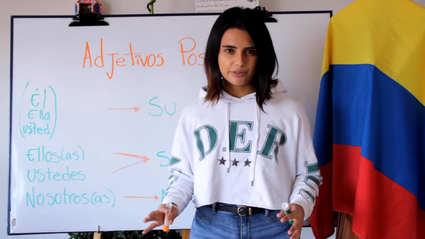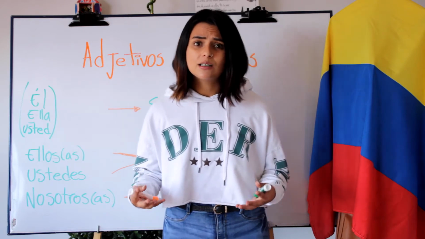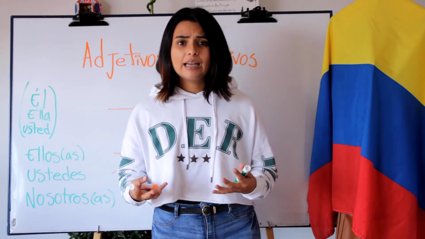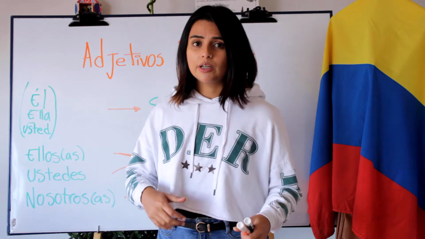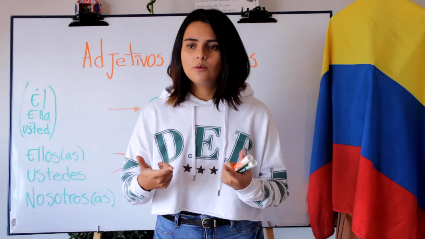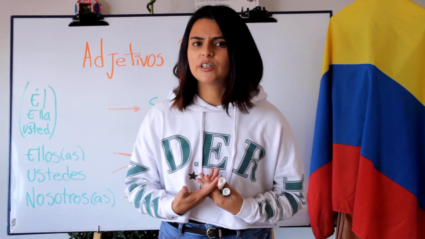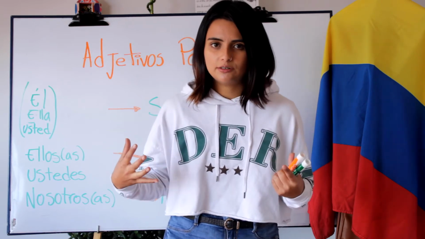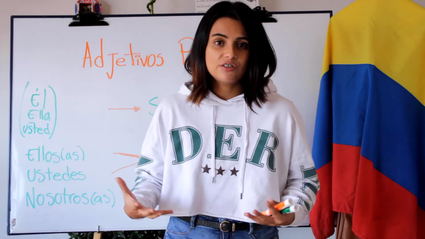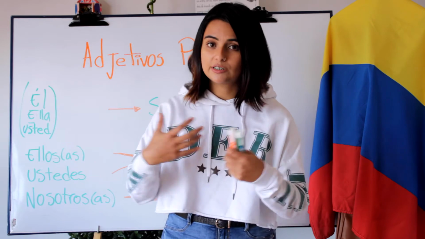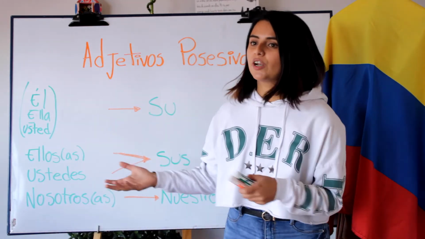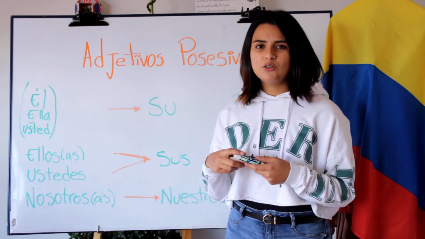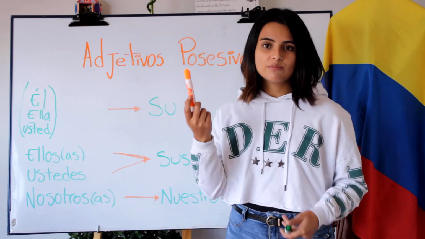See? Super easy. Now, you might ask, but Ana, how do we know that you're talking about him or her or you? Well, that is super easy. That's because of the context of the conversation, right? So for example, if I'm sitting down here with my friend and I say, hey, do you know who's the owner of this marker?